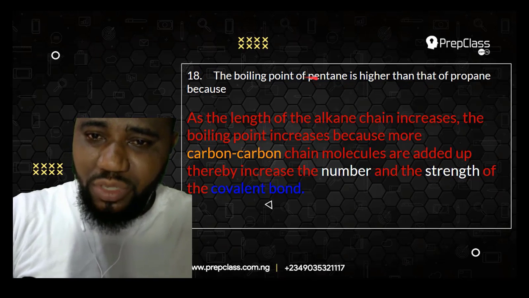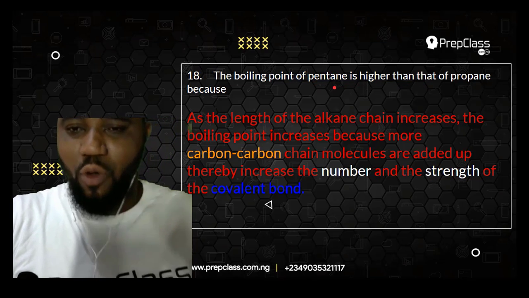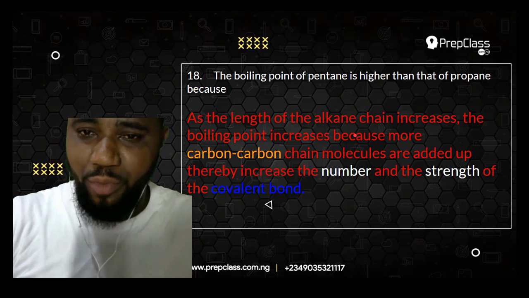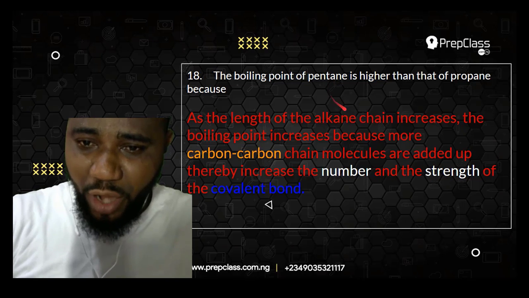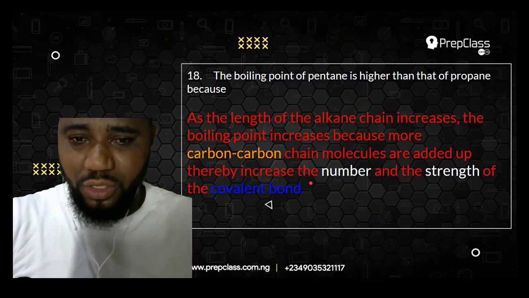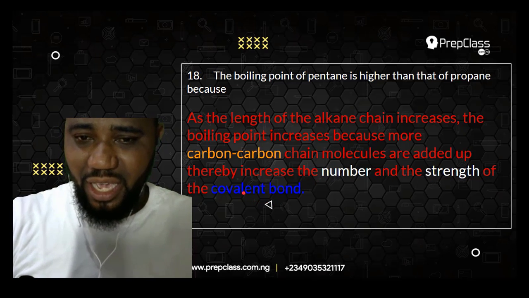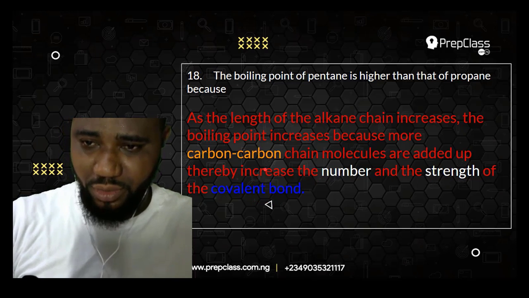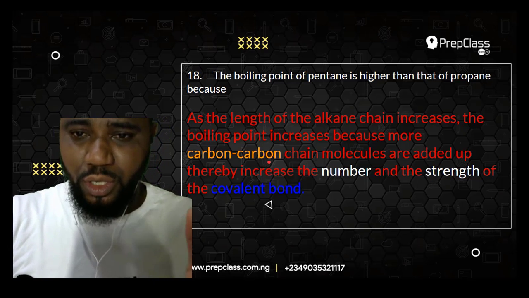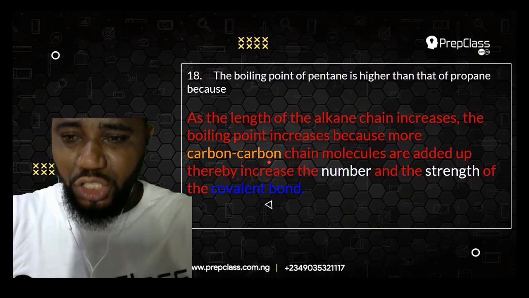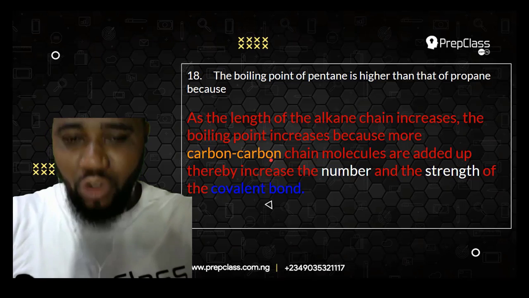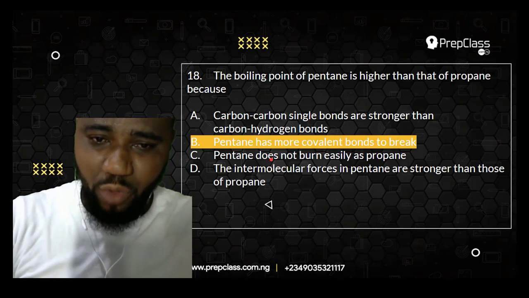So as the carbon atoms increase, as we go from one alkane to another, there is usually an increase in boiling point. And there is an increase in boiling point because the added carbon atoms bring about an increase in covalent bonds. I believe you understand me. So the more the carbon-carbon bonds, the more the carbon chains, and the stronger and greater the number of covalent bonds.